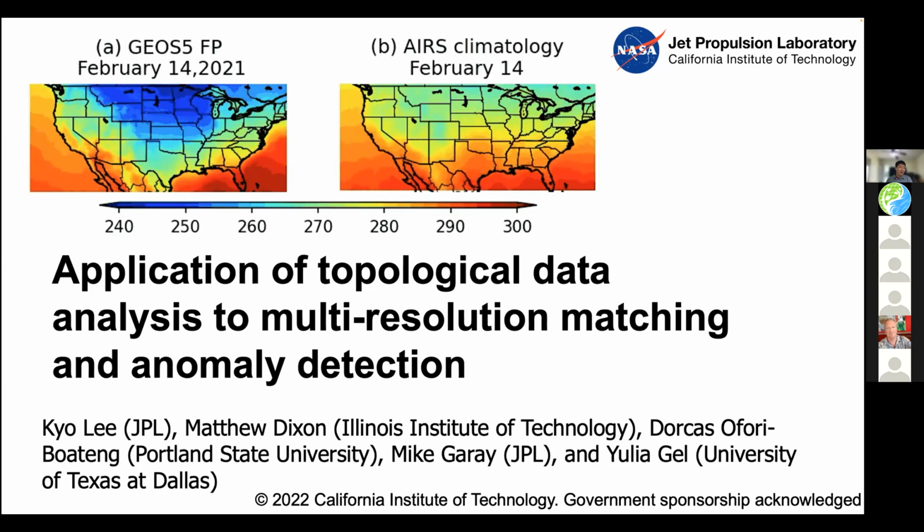And these are maps of near surface air temperature from NASA's GEOS model. And this is a satellite climatology for the 5 days between February 11 and February 15th in 2021.